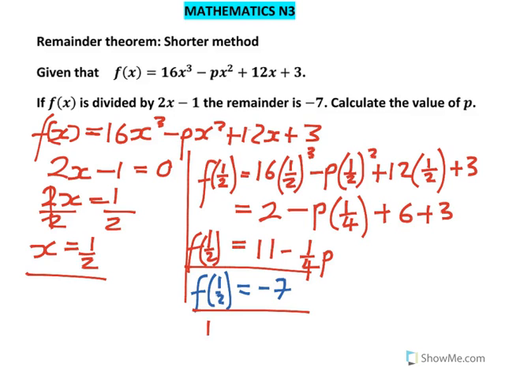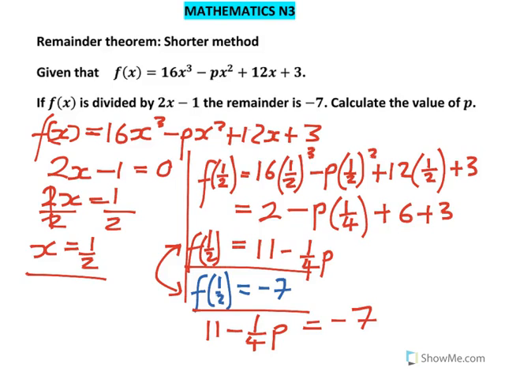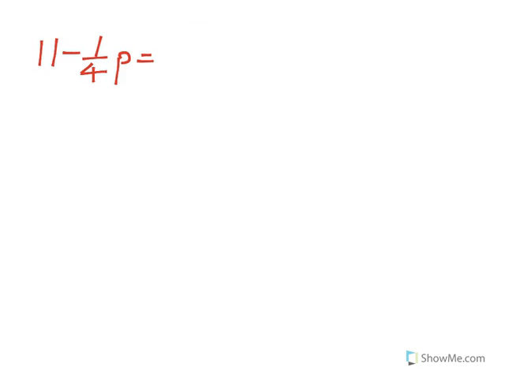Therefore, 11 minus 1 over 4p is equal to minus 7. You equate the two because the two are equal. So 11 minus 1 over 4p is equal to minus 7.